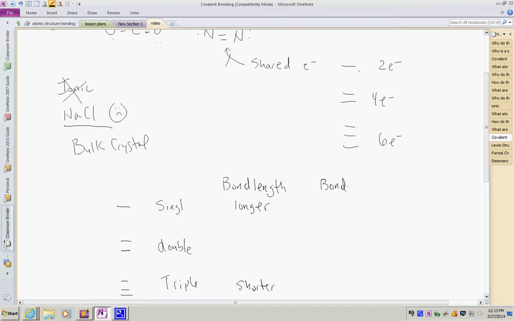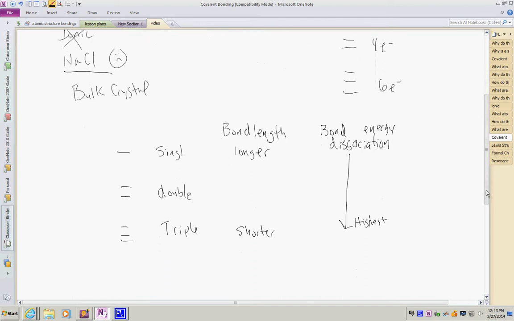Bond energy, often referred to as bond dissociation energy. This is the amount of energy to break and or form a bond. You should note that it increases as we go down. This is not really indicating anything involving stability.